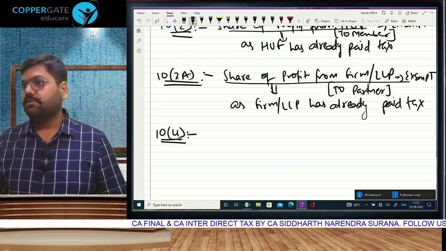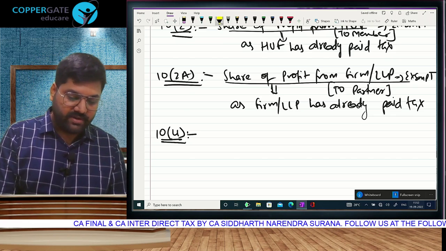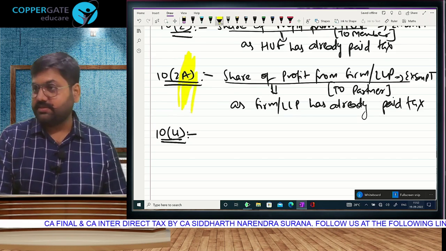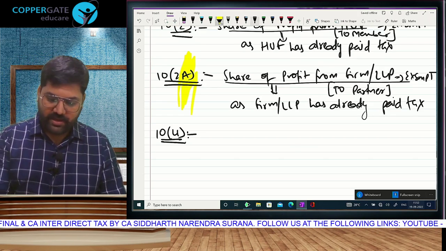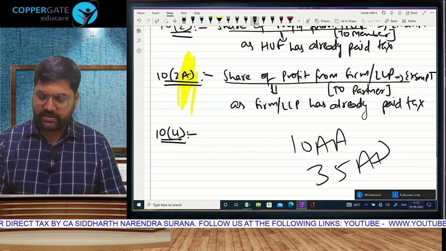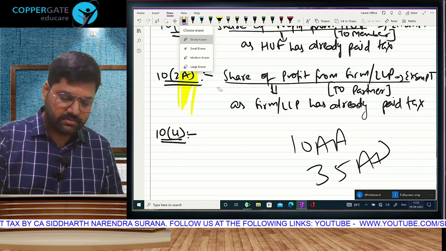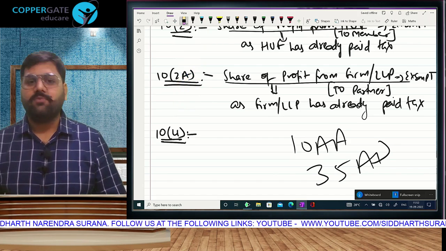And on the other hand, do we also know that whenever an alphabet is used in a section, like section 10AA or section 35AD, that means this was not there at the time of creation of the law.